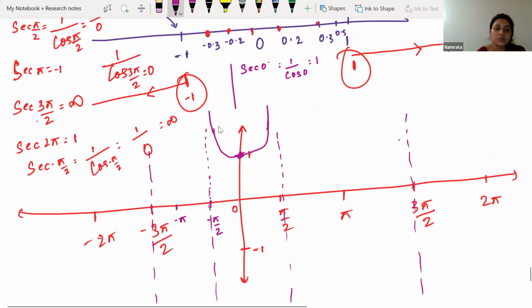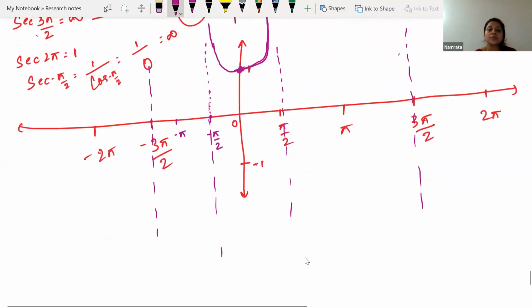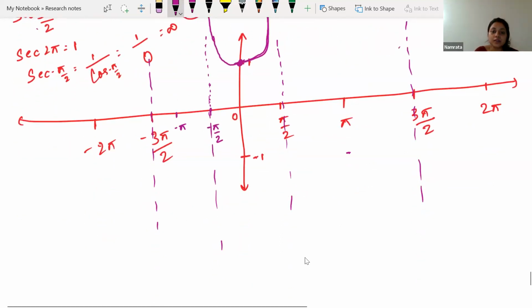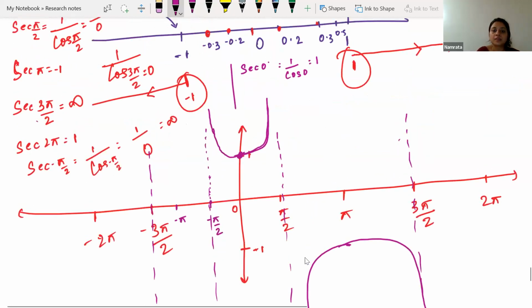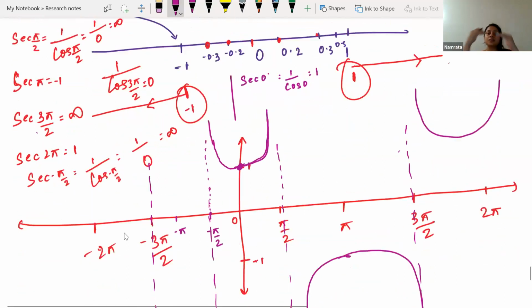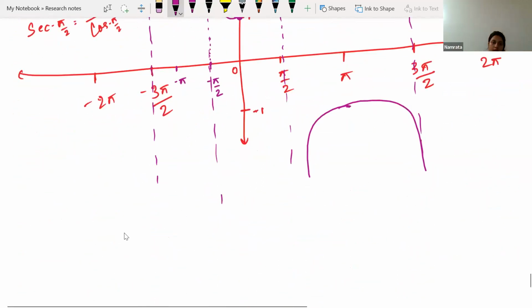Both way it will be going towards infinity. Starting from 1, I said to you the range of this function will be 1 or more than 1. Now from the bottom it is minus 1 or less than minus 1. This is how the graph will be moving. Can you see it? From 1 or more than 1, like this, and in the bottom it is minus 1 or less than minus 1.